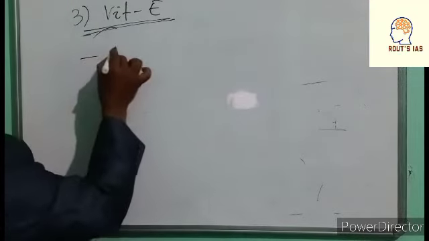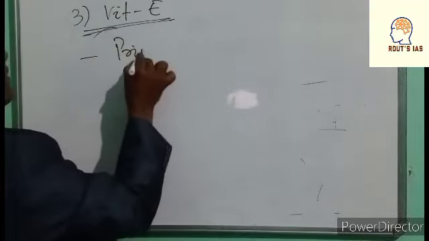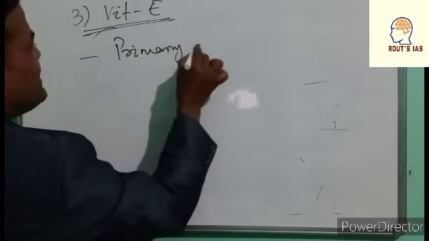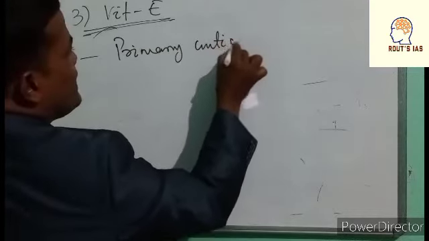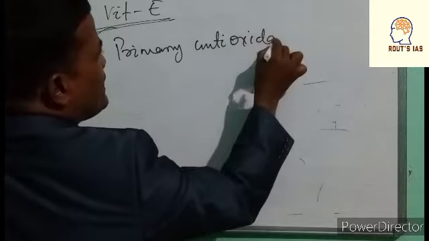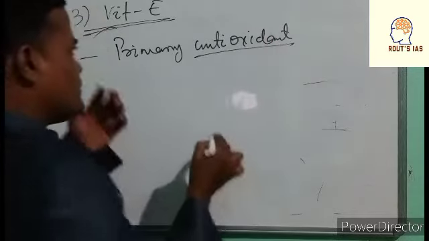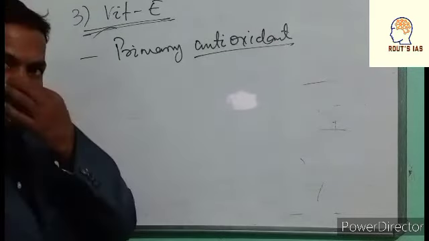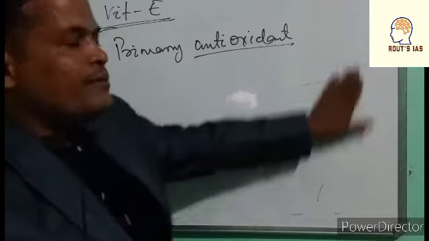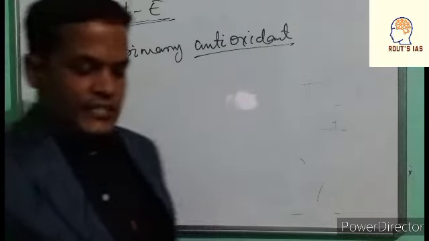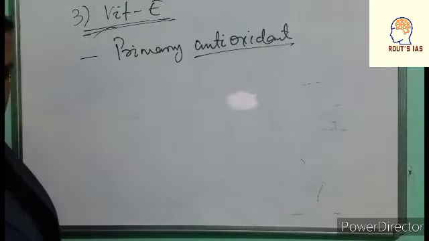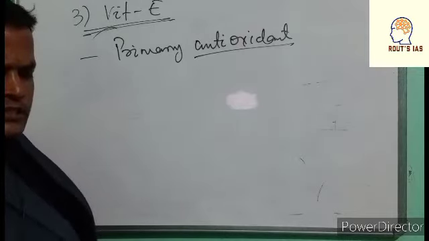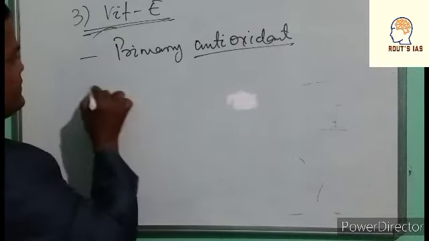Functions: number one, its primary function is that it is an antioxidant. An antioxidant is a substance which prevents oxidation inside your body, by which the lifespan of cells is increased. It also reduces platelet aggregation.